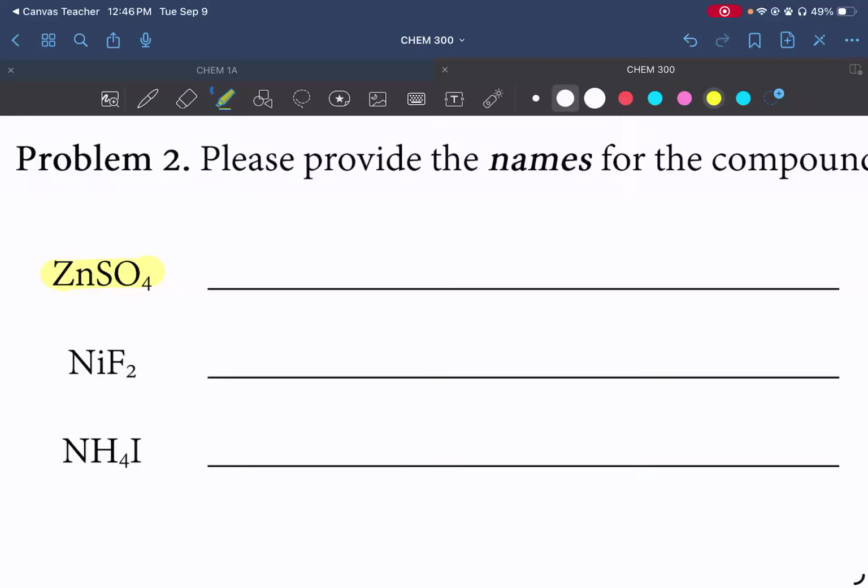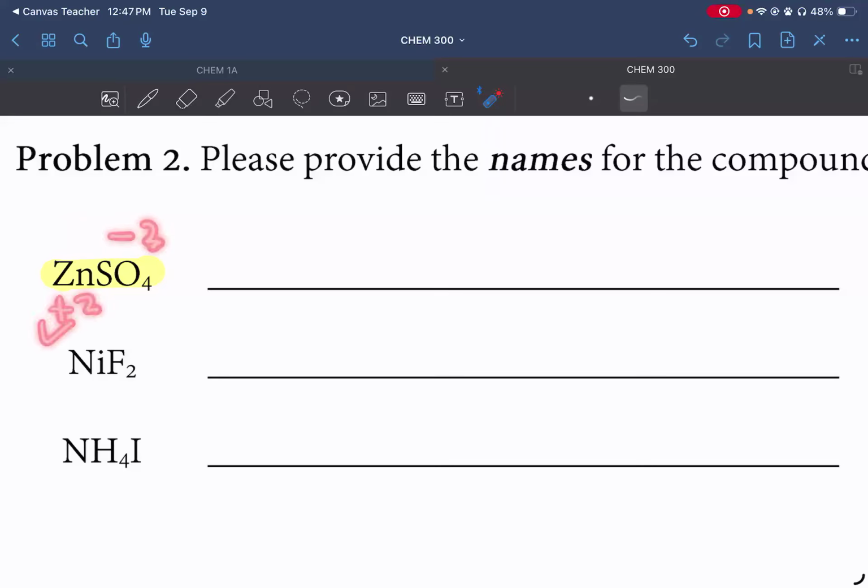All right. There being a transition metal tells us we need to figure out what the charge is going to be and reflect that in the name. We see here that in the formula, this is a 1-to-1 ratio. There is 1 zinc, 1 sulfate. If sulfate is -2, what must the zinc be? +2.